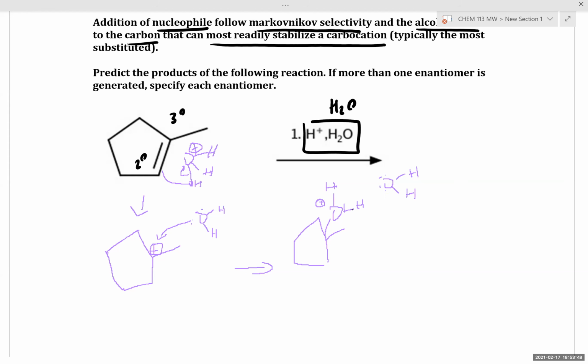So as our final cleanup step, we just deprotonate. And the deprotonation step can be drawn similarly to our first step, where our nucleophile attacks the proton and the oxygen-hydrogen bond breaks to put the electron density back on oxygen.